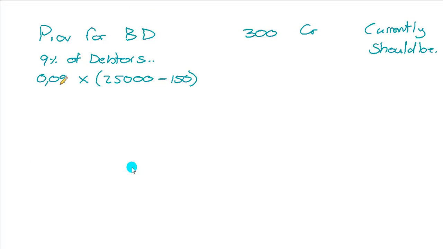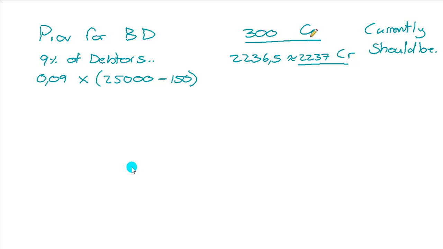So if we calculate 0.09 of that, we're going to get 2236.5, so we can round that off to 2237, and that is what the credit balance should be. So the credit balance is currently 300, it should be 2237.